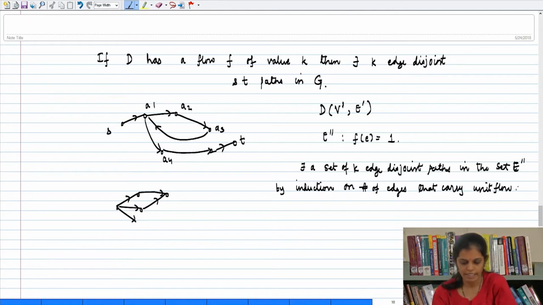Let me state my claim again: if I have a flow f of value cardinality of f, then there exist that many, that is cardinality of f many, edge disjoint paths in this collection E double prime. This is what I want to prove, by induction on the number of edges that carry unit flow, right?